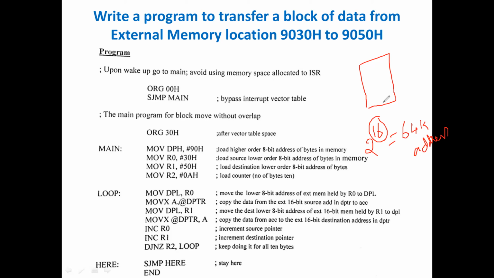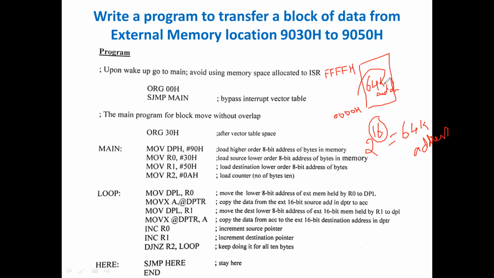So the locations your controller can point to, the maximum size of your memory, can be 64K addresses. Your addresses will start from 0000H to FFFFH.